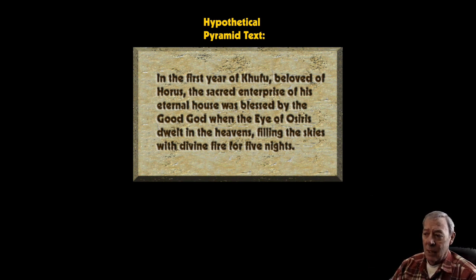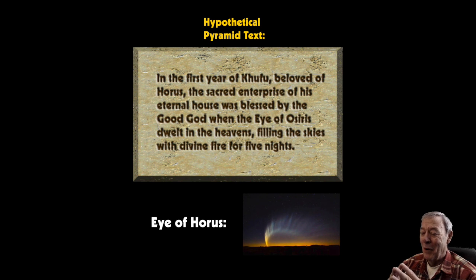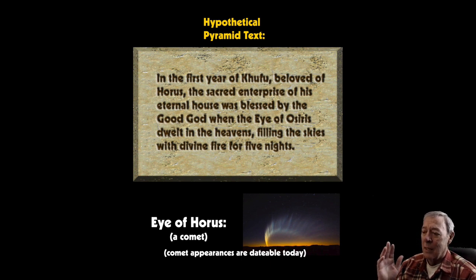Well, obviously, what could the eye of Horus have been? Makes sense that it would be a comet. So here I found this very interesting comet on the internet. It looks kind of like a divine eye, the eye of Horus, so to speak. And so we've got a comet here, the date of which could be accurately established by scientific methods, because comets come by the Earth in regular intervals.